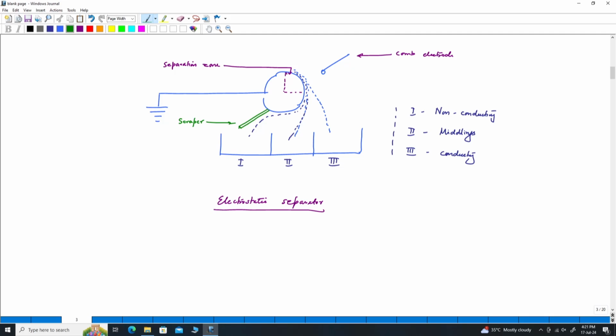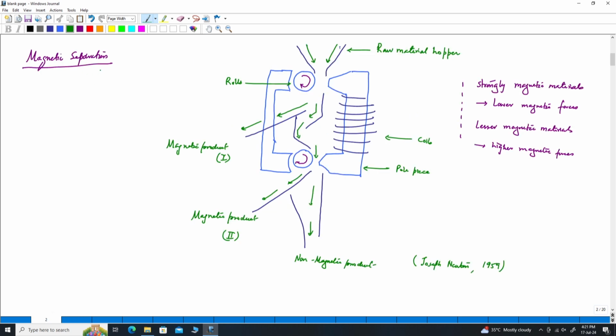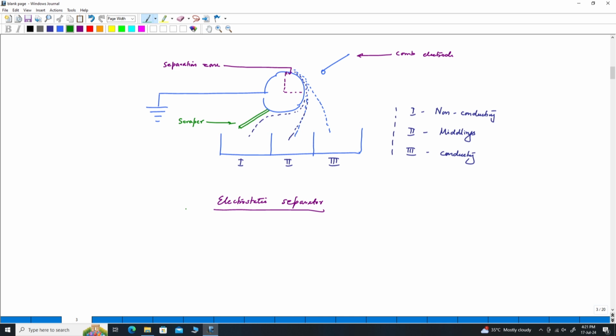Now one of the key problems with both of these processes, magnetic separation as well as electrostatic separation, the most important challenge is the feed size.